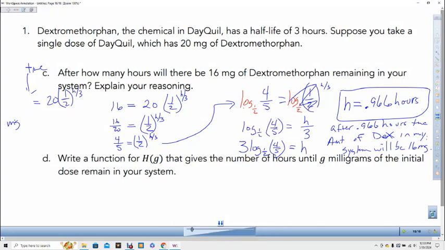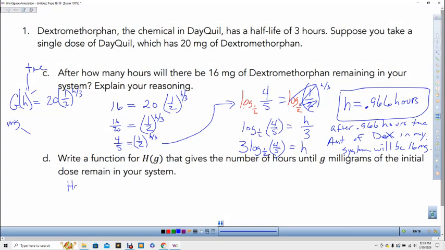So the time is what was in the function, and the milligrams is what we get out. Now they want us to write one that's going to give us the milligrams, and we're going to put the milligrams in, and we're going to find out how much time it takes.